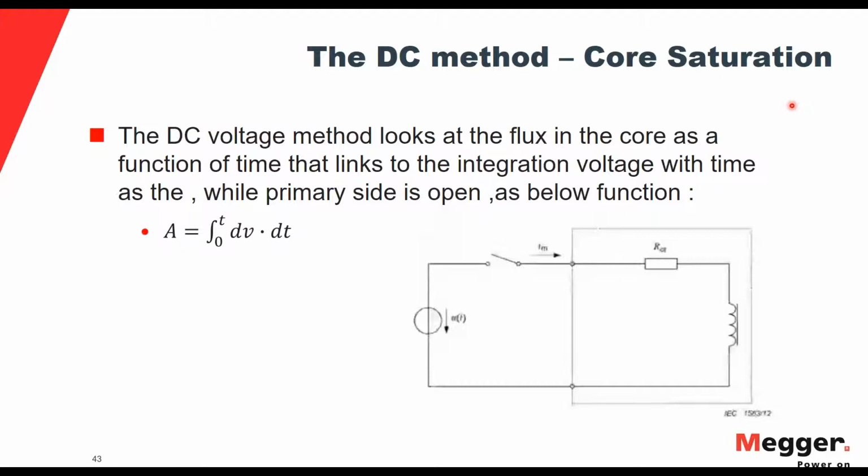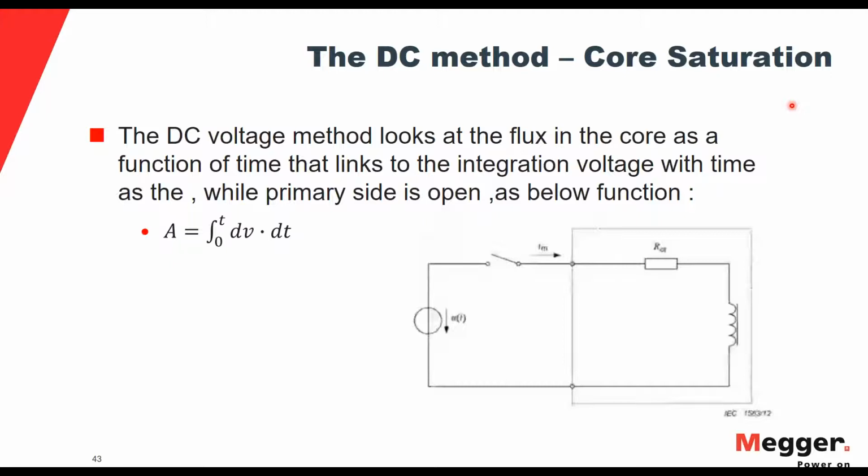How much time we need to reach saturation with the DC can be calculated using integration methods to get the AC saturation voltage, and it works very fine. If you compare the normal AC method and the DC method, there is a very small error difference between them.